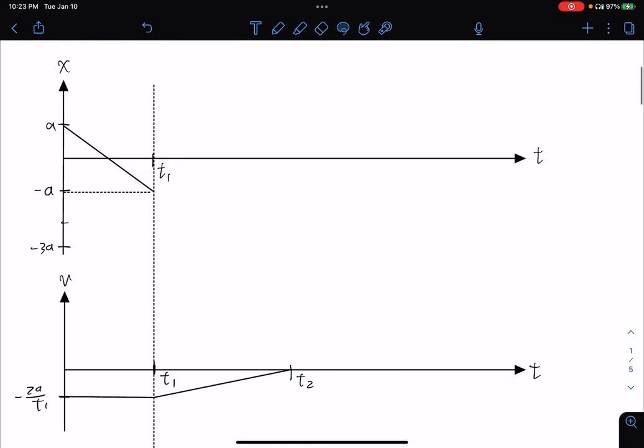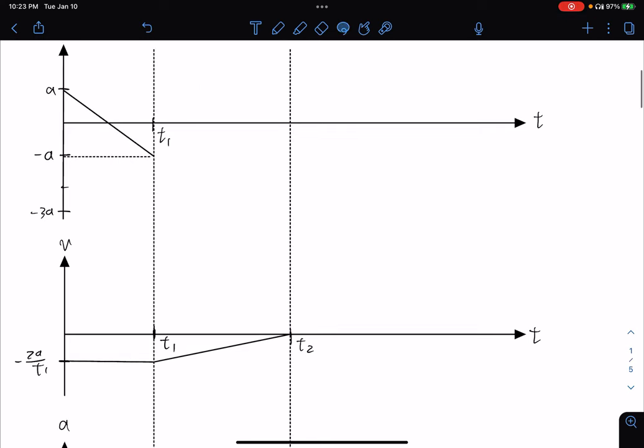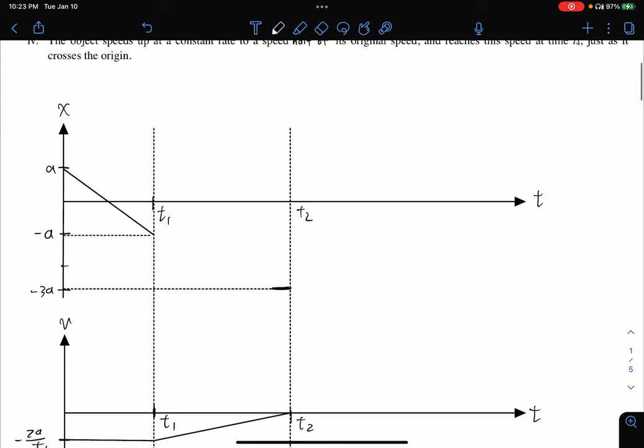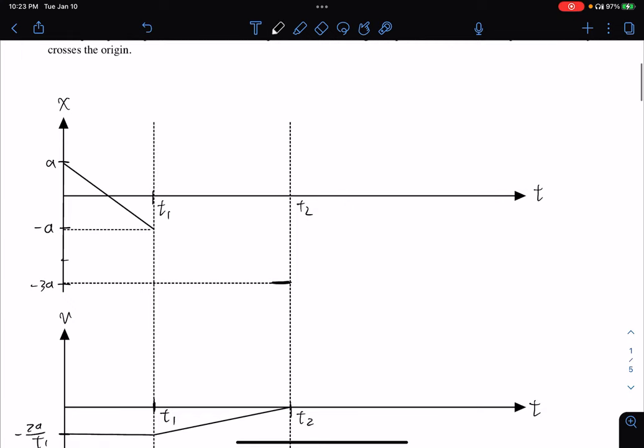And at this time, the object is not going to have any velocity. So the xt graph should look kind of flat when it reaches time t2. When you reach t2, the curve should look somewhere like this, but just at the beginning of t1, the speed shouldn't change much, so it should still have the same slope.